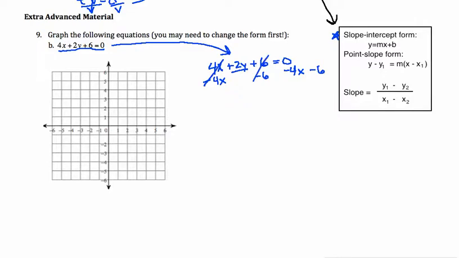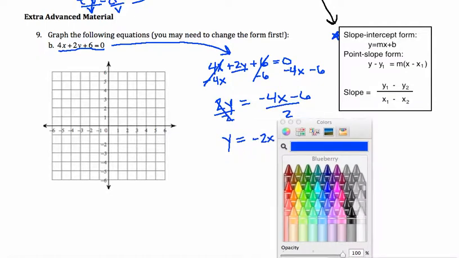So this and this are going to zero out, and we'll have 2y equals negative 4x minus 6, and then we're going to divide by 2. We're going to get y equals, alright, negative 4 divided by 2 is negative 2x, and then negative 6 divided by 2 is minus 3.